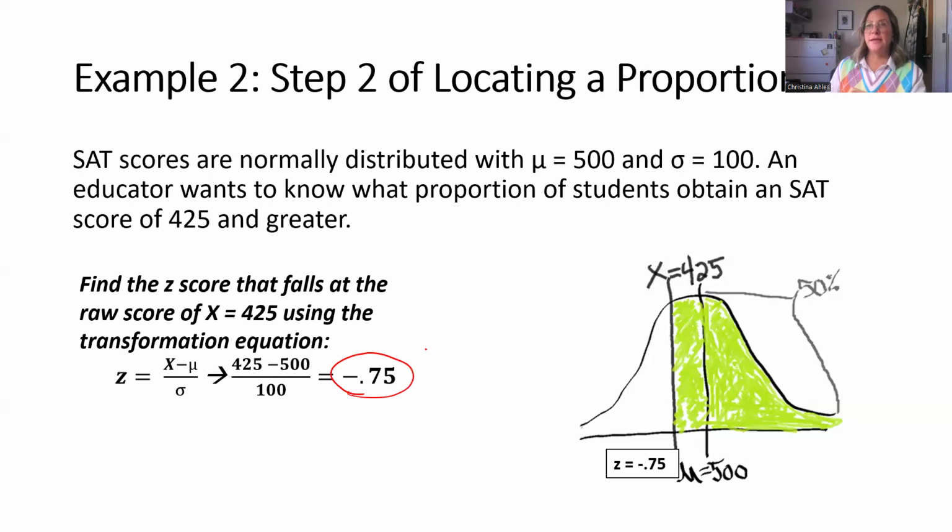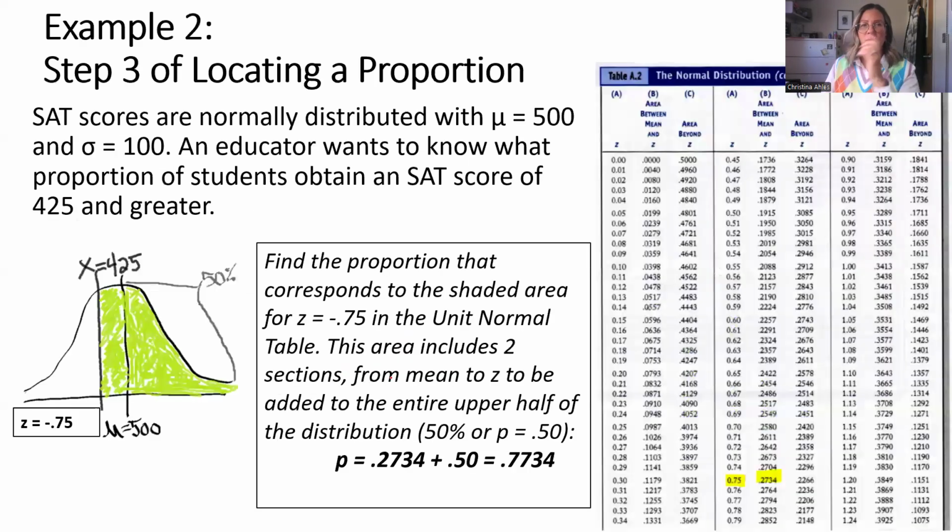Step 3 is finding the proportion using that z-score in the unit normal table. So now we're going to take that z of 0.75. We're going to go over here and find the z-score. So if we're looking through all of the z-scores, here's the column that it's in. I highlighted it, 0.75. Now that sliver in the middle is our column B, mean to z.